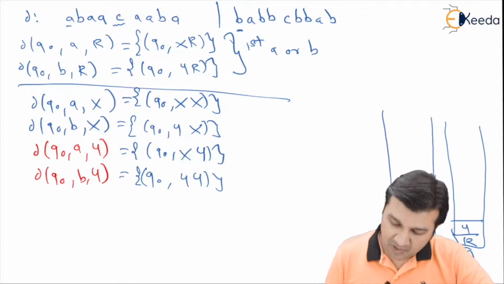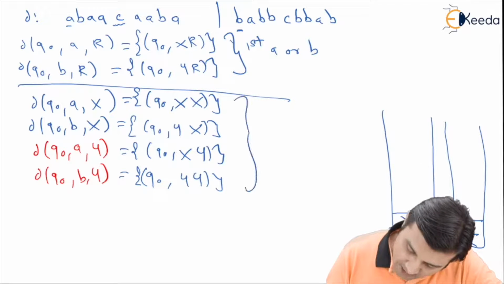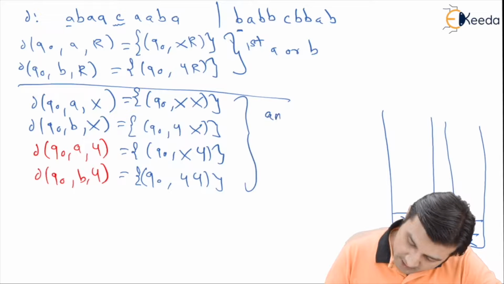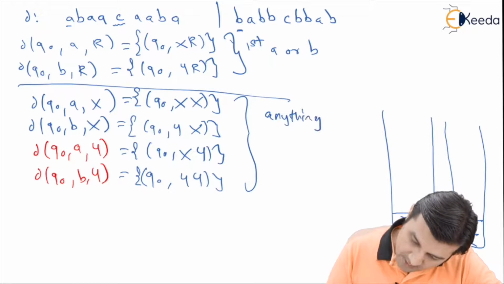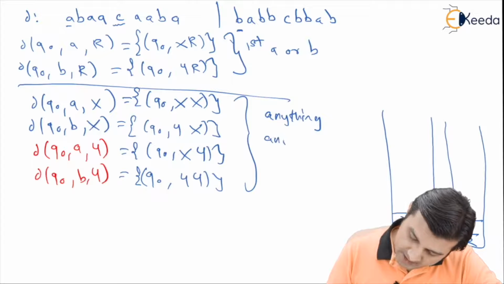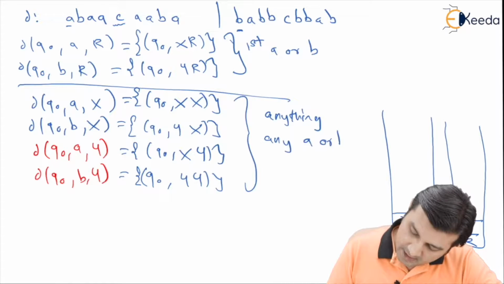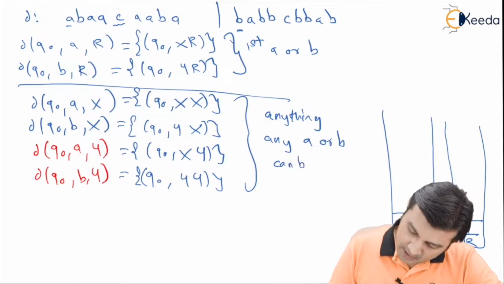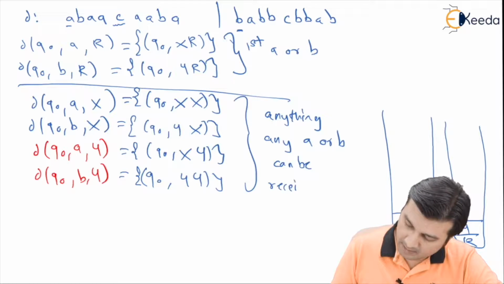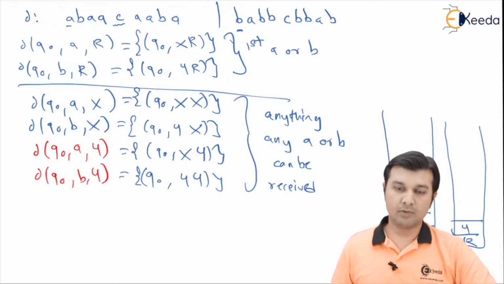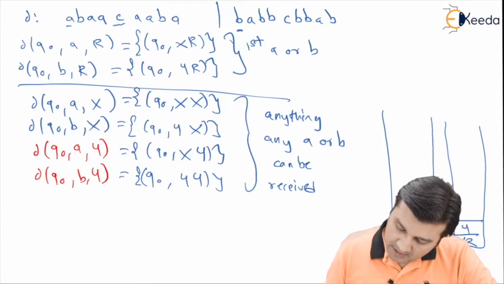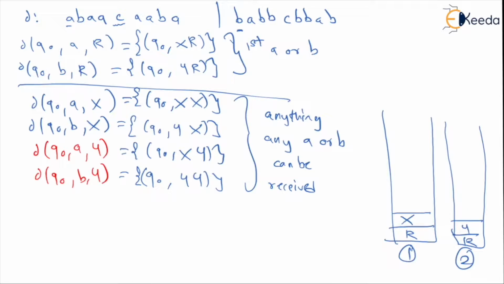So now I say, if I populate this in short, this can be anything, that is any A or B can be received. So let's consider over here. Let's say I'm considering the first example. A B comes over here, I push a Y on stack 1.